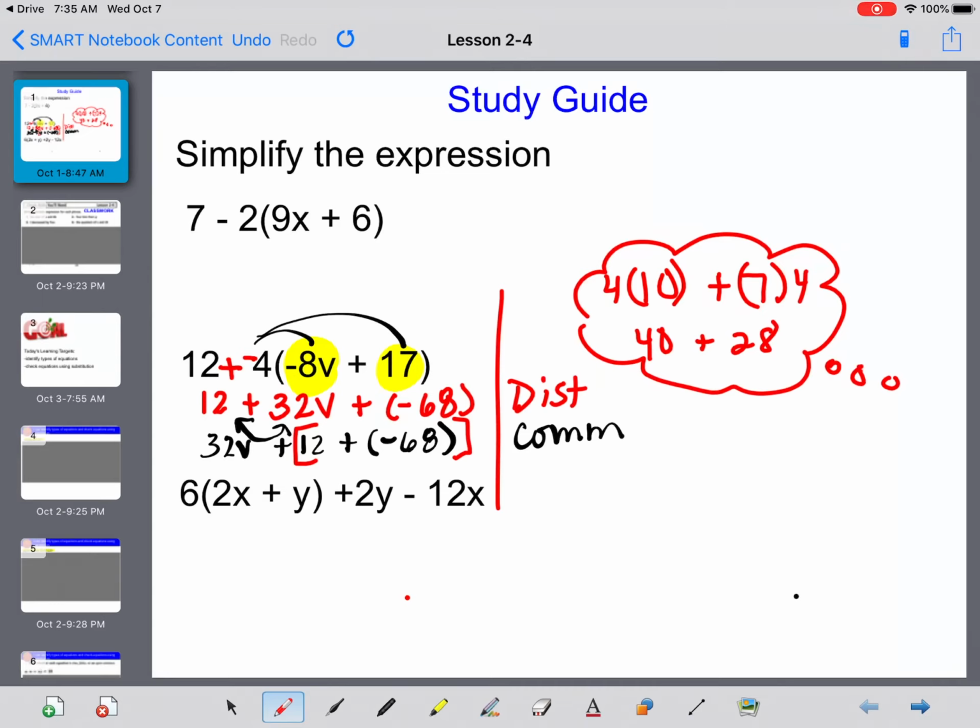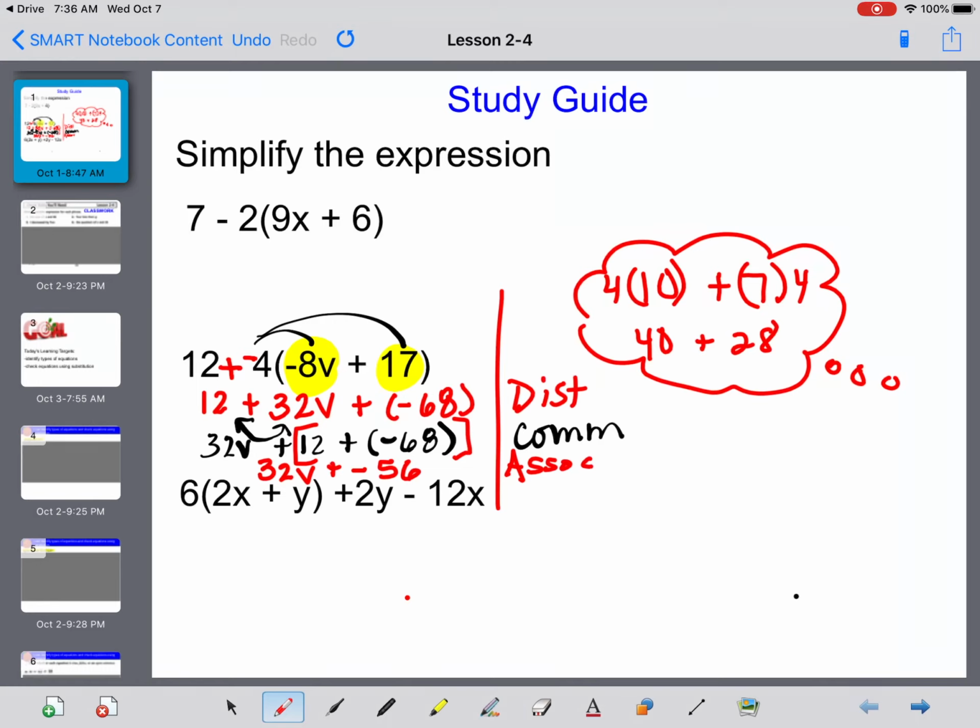So my answer, let's see if I can squeeze that in here: 32v, now 12 plus negative 68. The signs are different, so I need to subtract them. And I get negative 56. 32v plus negative 56. That was the associative property.